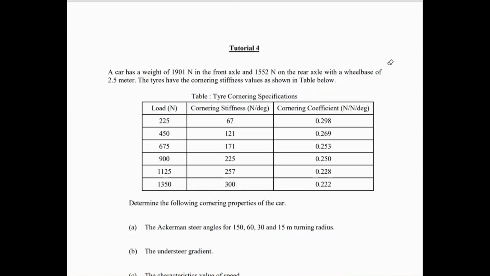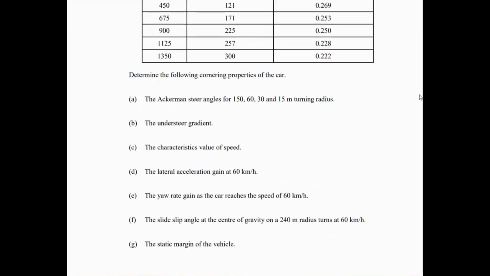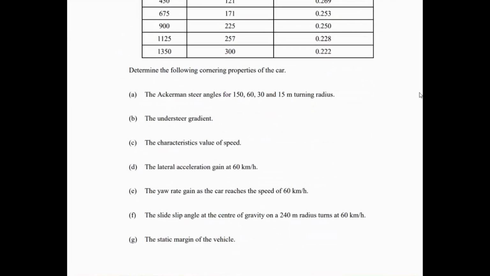Based on these parameters given, you are required to determine the cornering properties of the vehicle, with parameters from A until G.